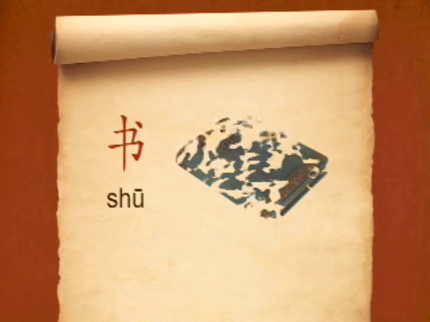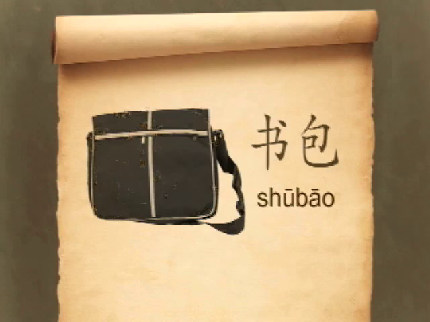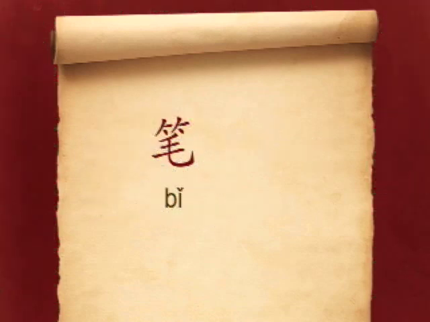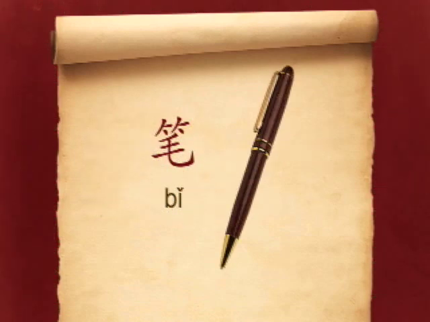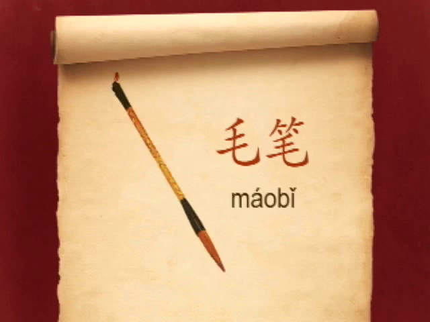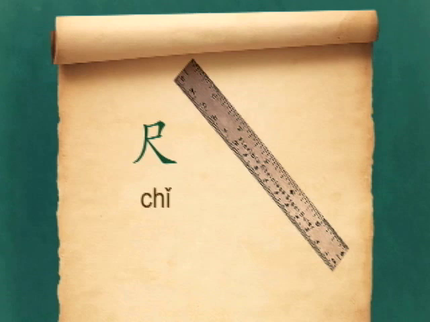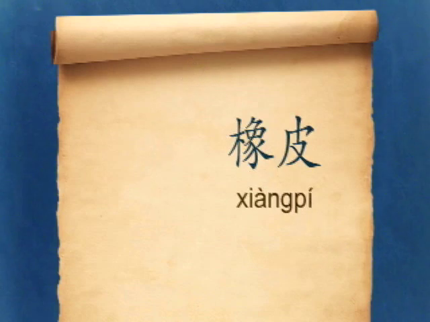You begin to identify objects we use at school and learn the words 书 book, 书包 school bag, 笔 pen or pencil, 毛笔 writing brush, 尺 ruler, and 橡皮 eraser.